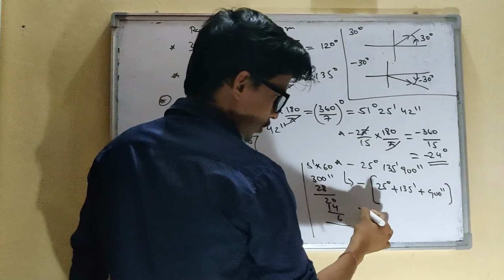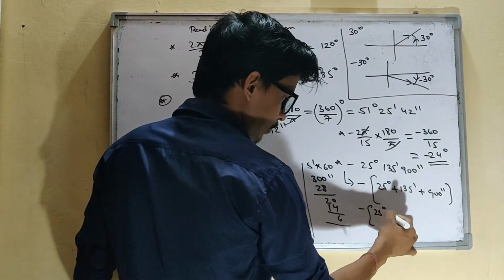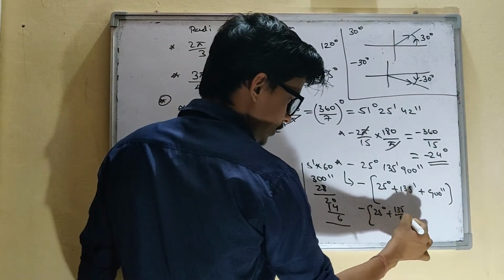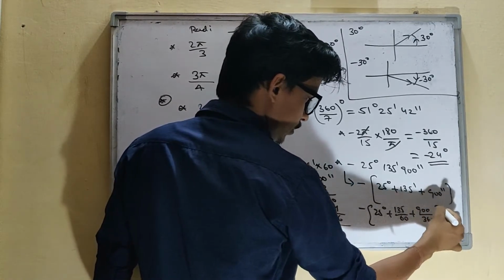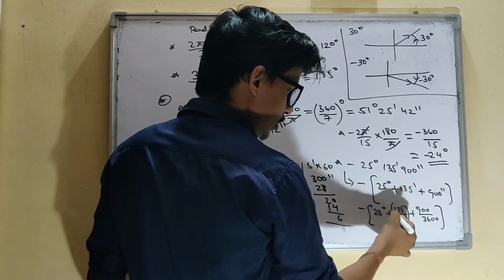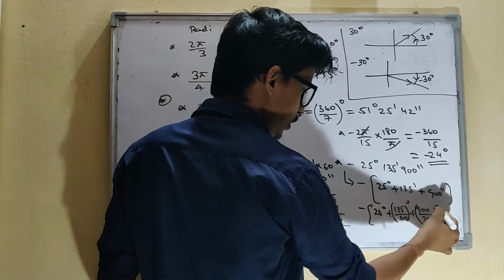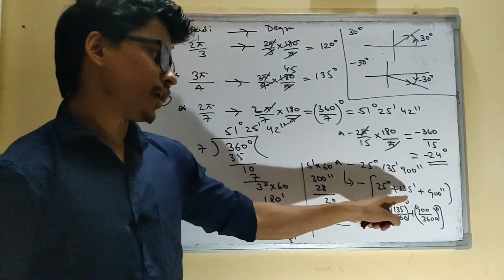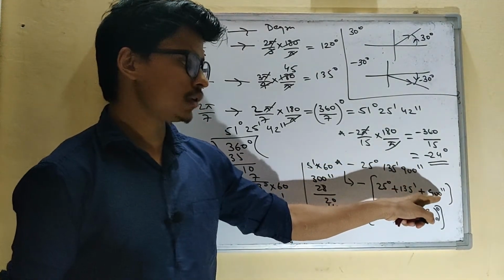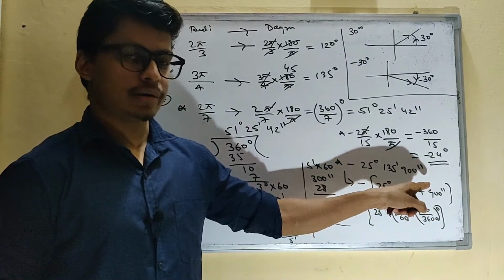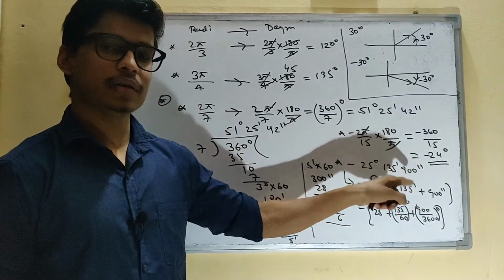Now the minus is here: 25 degree plus 135 divided by 60 plus 900 divided by 3600. These are all in degree. In order to convert minutes into degree, you have to divide by 60. In order to convert seconds into degree, you have to divide by 3600.